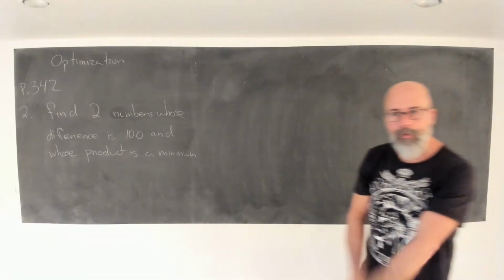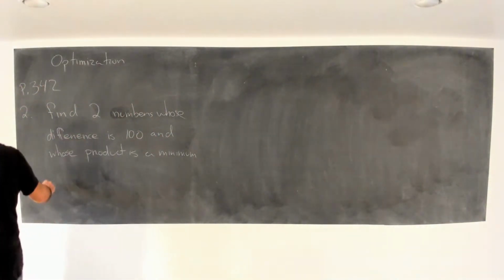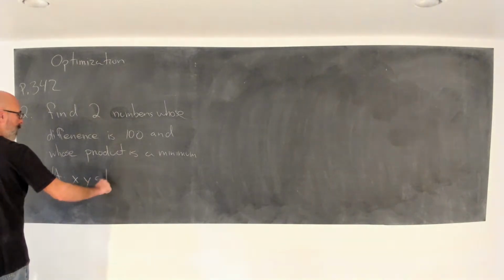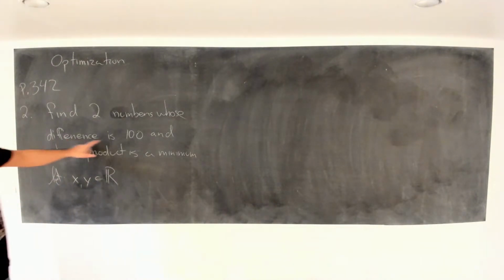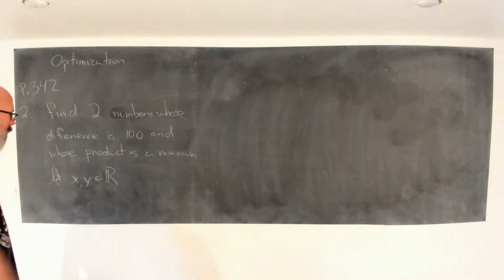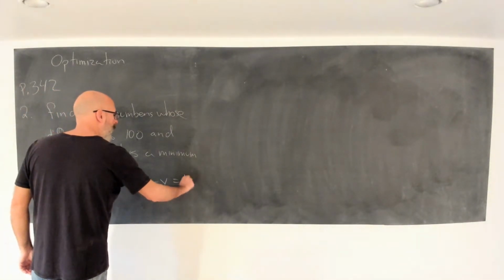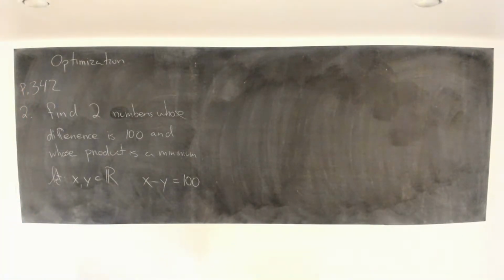So, let's introduce some variables. Let x and y be two real numbers. What do we want? We want the difference to be 100. So x minus y is 100.